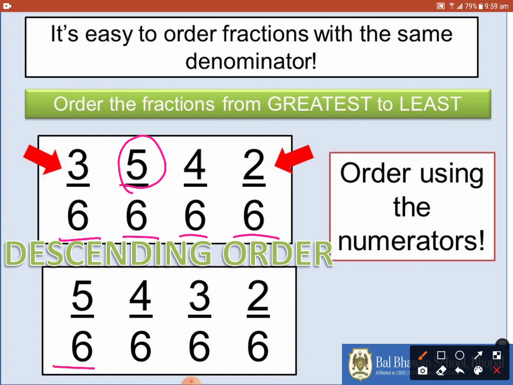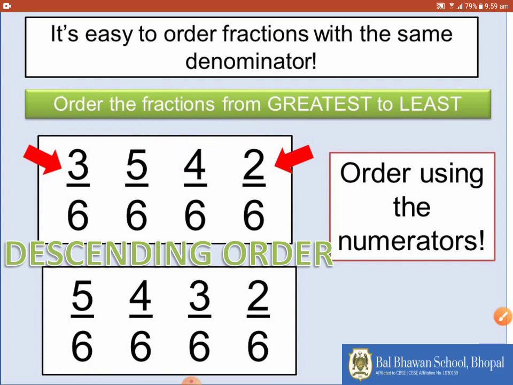So 5 upon 6 is the greatest fraction. Then the next is 4 by 6, which is greater than 3 by 6, and 3 by 6 is of course greater than 2 by 6. This is the arrangement of descending order of fractions, where 5 by 6 is the greatest fraction and 2 by 6 is the smallest fraction.